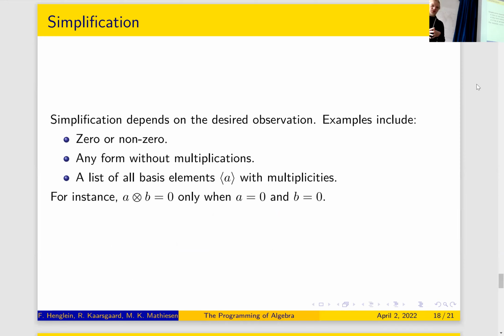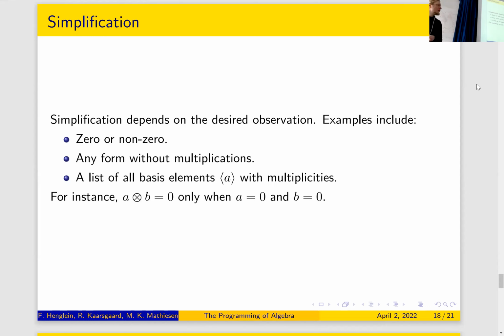We don't necessarily want to compute canonical forms all the time. It depends on what we want to know. For instance, if we just want to know if the output is 0 or non-zero, you can use this to encode, say, SAT-like problems, and maybe all you're interested in is whether there is a solution or not. That corresponds to checking if the output is 0 or non-zero.